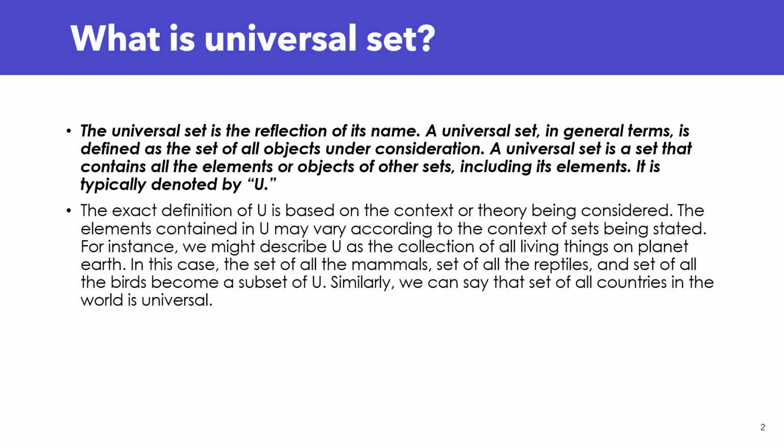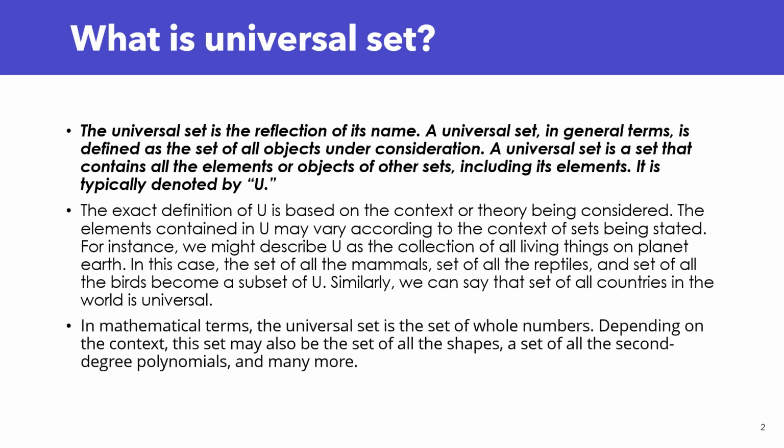Similarly, we can say that the set of all countries in the world is a universal set. In mathematical terms, the universal set is the set of whole numbers. Depending on the context, this set may also be the set of all shapes, the set of all second-degree polynomials, and many more.